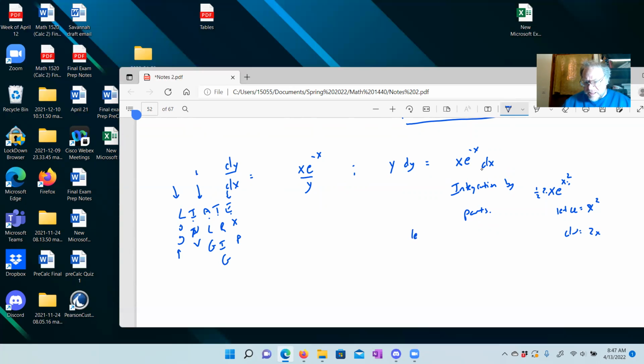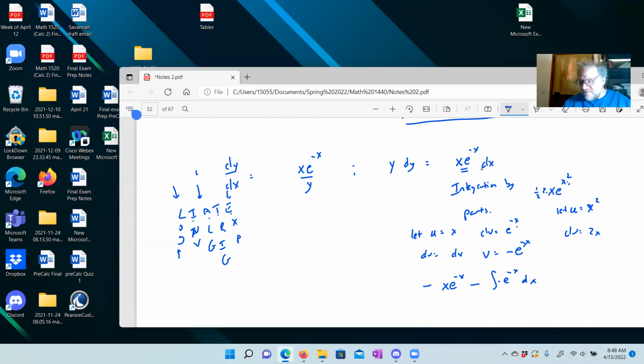So we'll say let u equals x, dv equals e to the negative x. We're going back to here, obviously. du is equal to dx. v, we have to integrate this. This is negative e to the negative x. So we have negative x e to the negative x minus the integral of negative e to the negative x dx.